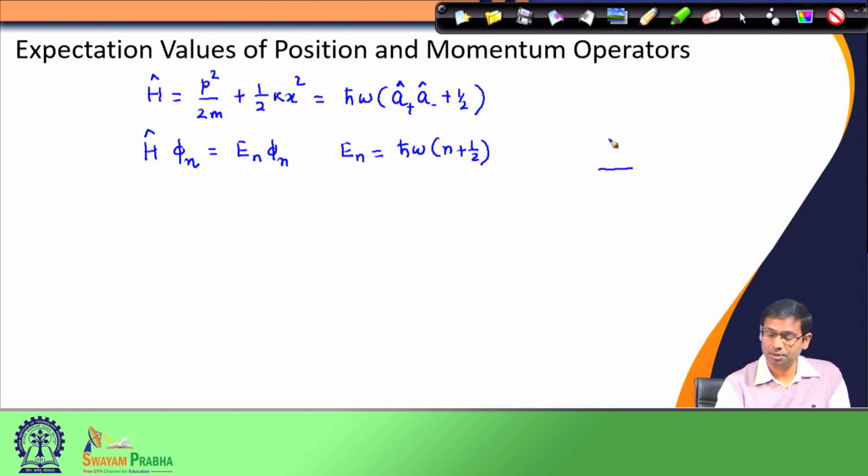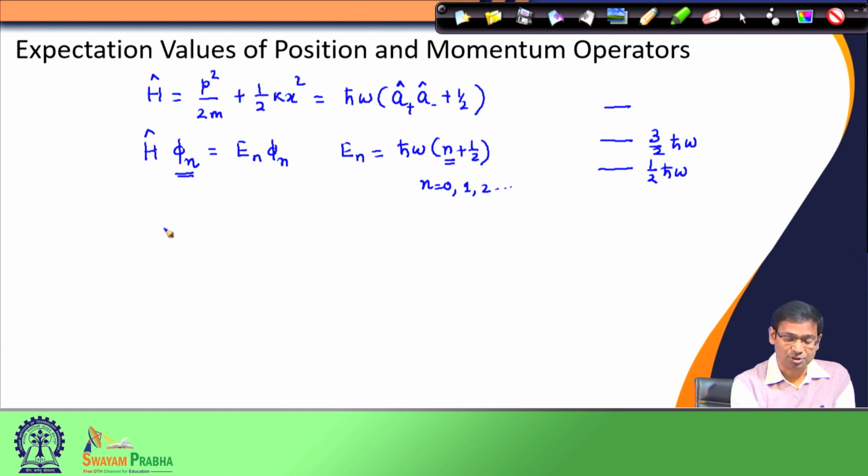We understood that here n would go from 0, 1, 2 and so on. So therefore the lowest allowed energy is half h bar omega, the next one is 3 half h bar omega, and so on and so forth. These are the different eigenvalues of harmonic oscillator problem that we obtained.